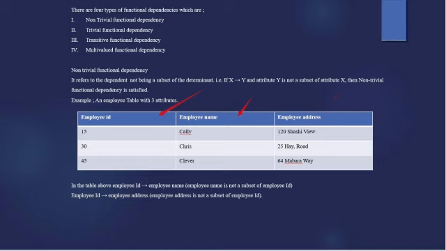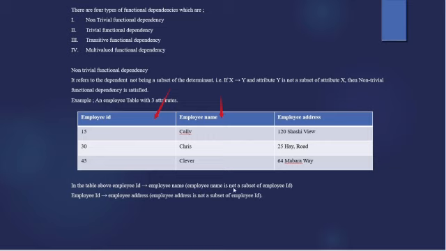Now we have employee ID determining employee name. Since employee name and employee address are independent, but employee ID has a relation with employee name, we say employee ID determines employee name.